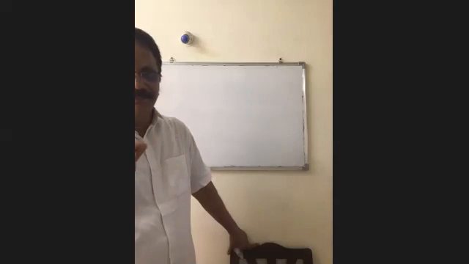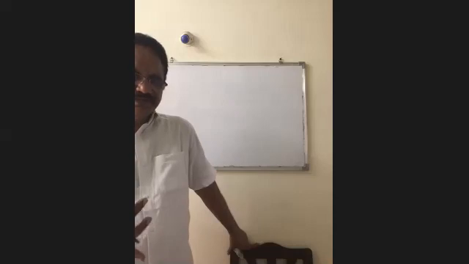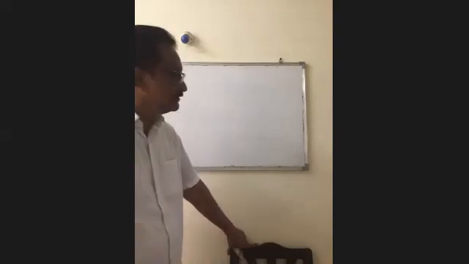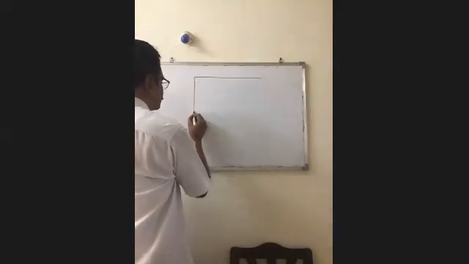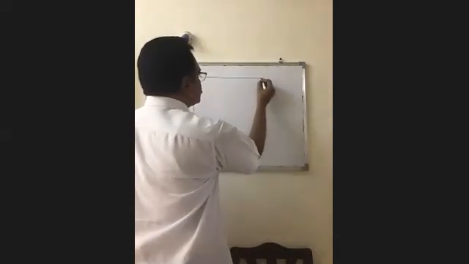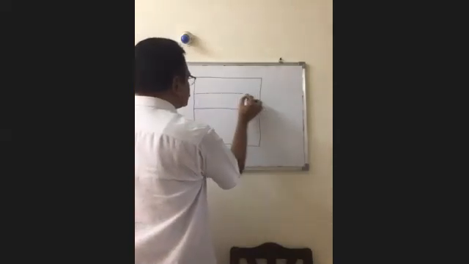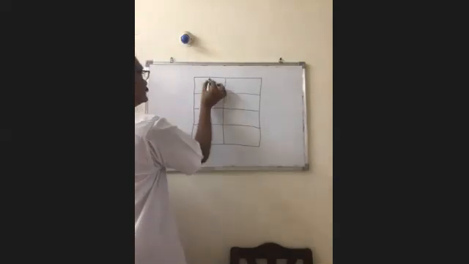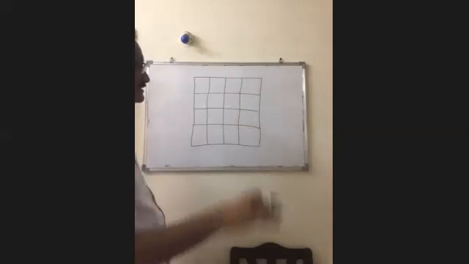Next, the 4 variable K-map. In the 4 variable K-map, how many cells or squares are there? 2 to the power of 4, that is equal to 16. In this one, there are 16 squares.